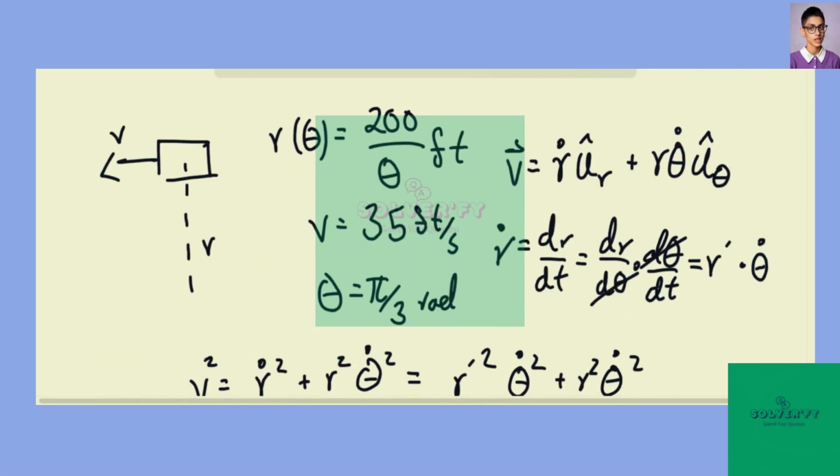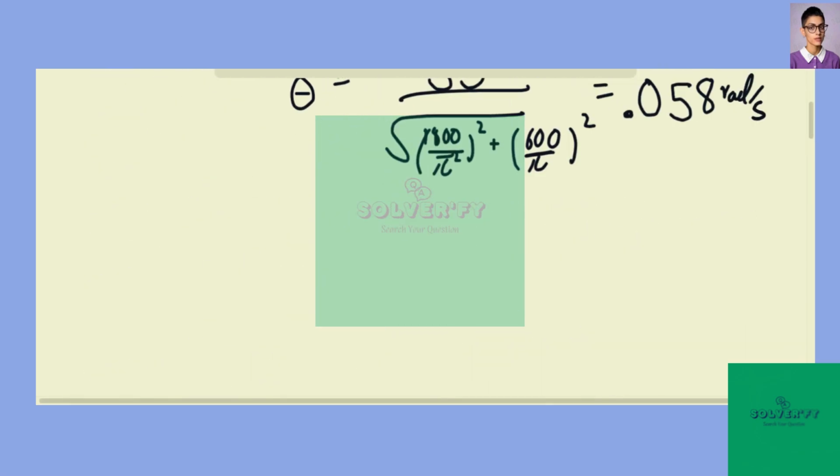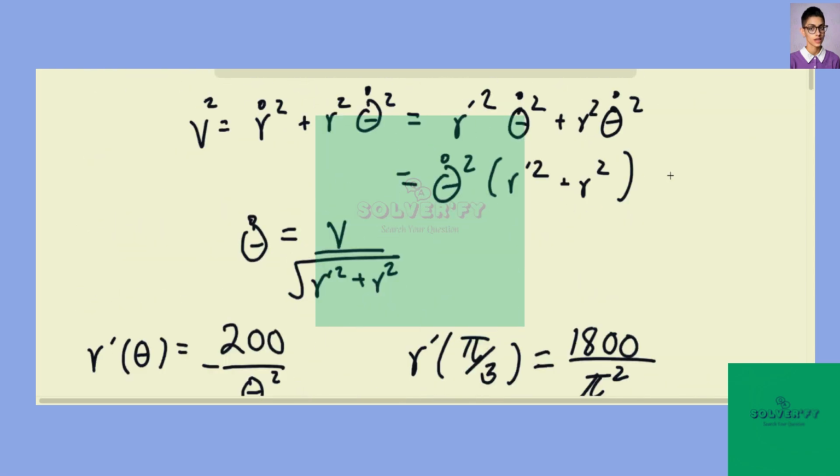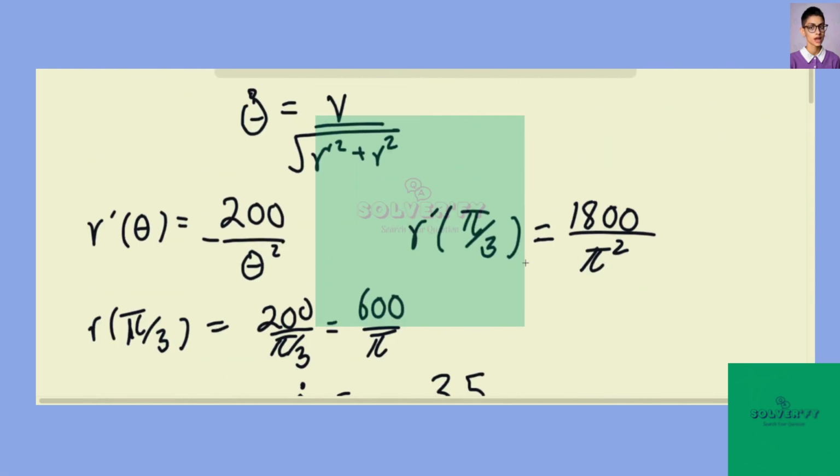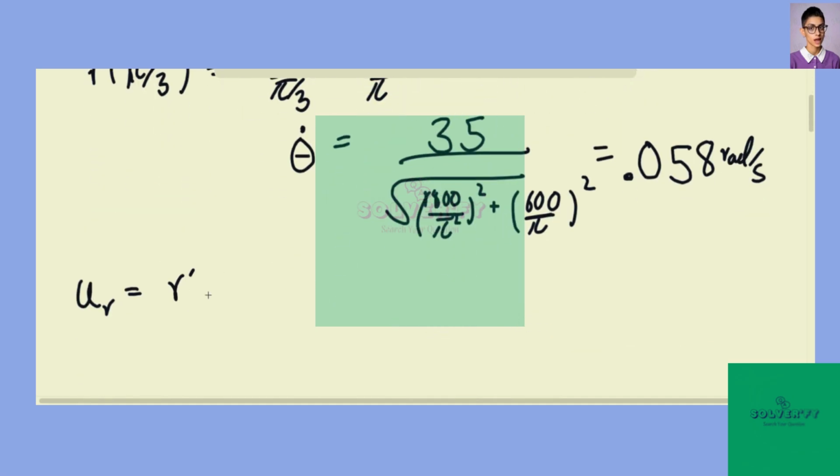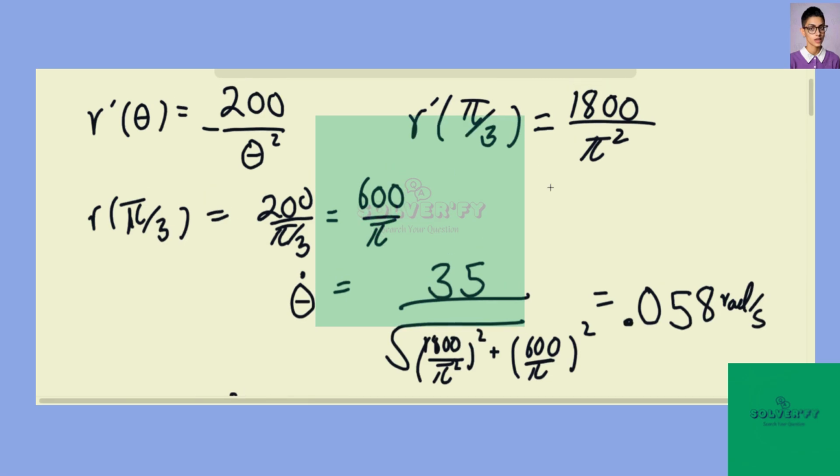So now that we have everything we need, we can start plugging things in. So u r, the radial component, as we discussed, is r prime times theta dot. So r prime times theta dot, which is just 1800 over pi squared times 0.058.